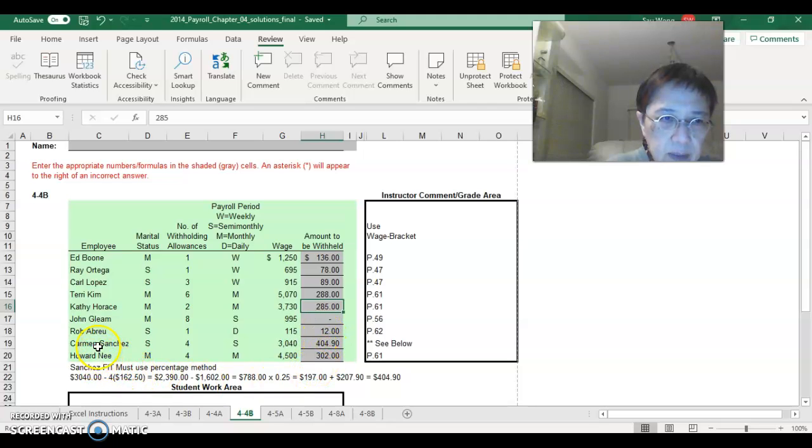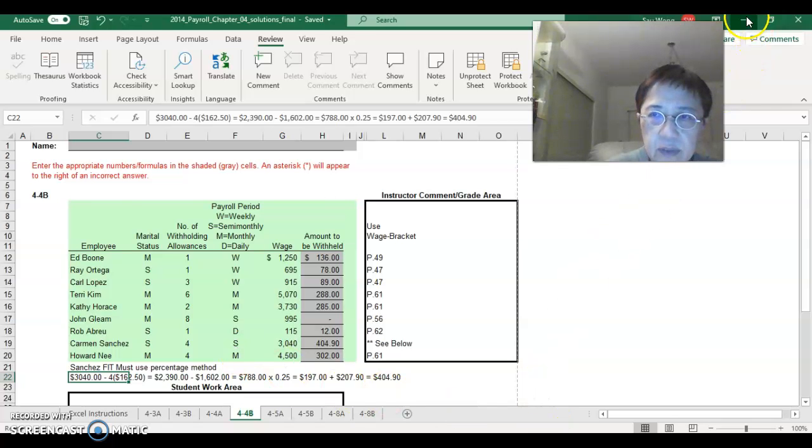Let's take a look at Sanchez, Carmen Sanchez. Carmen Sanchez, we have to use the percentage method, because the wage bracket method cannot find the federal income tax withholding. So Carmen has 4 withholding for the semi-monthly. Okay, 4 withholding for semi-monthly.